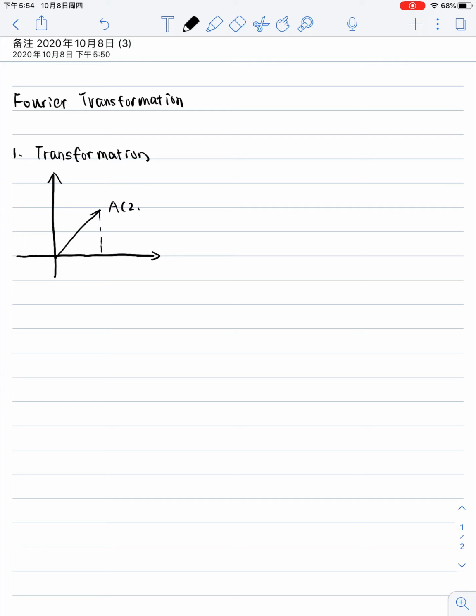maybe it's 2, 1. For example, we have a vector A. Its coordinate is 2 and 1. But this is 2 and the ordinate is 1. Okay, and the vector in these coordinates can be converted to A. This is called transformation.